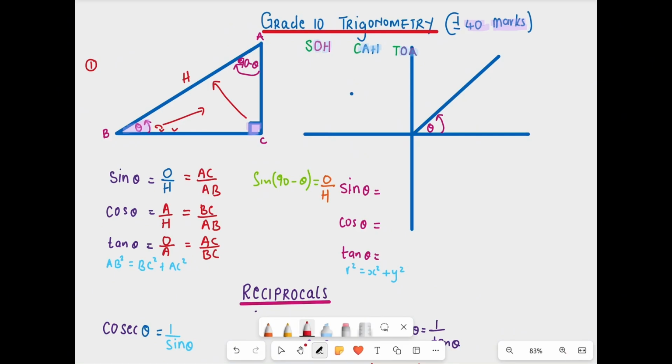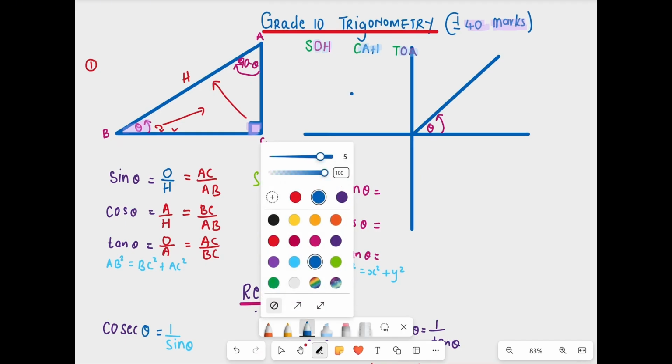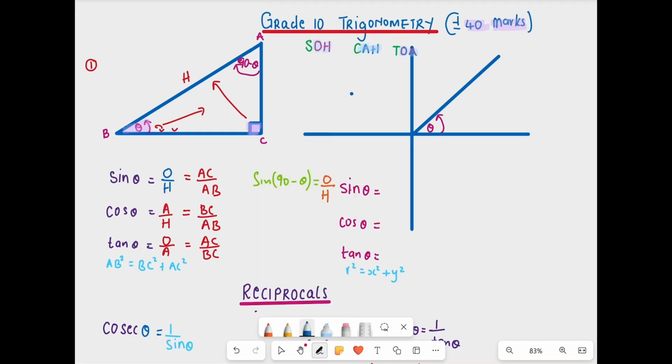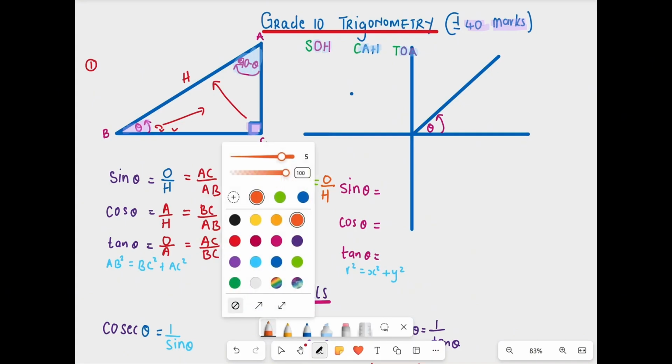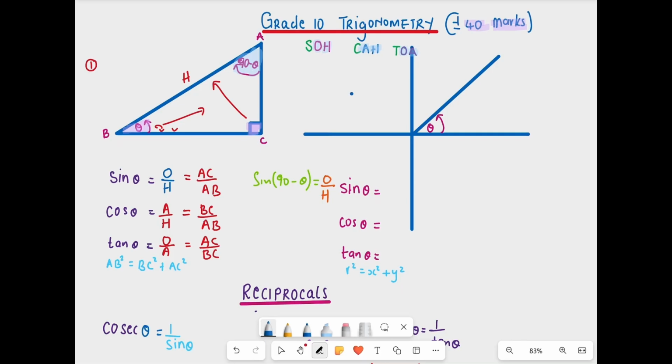But now, if you are checking from 90 minus theta, this angle there, the side that is opposite is no longer AC. From 90 minus theta, the side that is opposite from that angle is BC. So sine of 90 minus theta will be BC over my hypotenuse, which is AB.